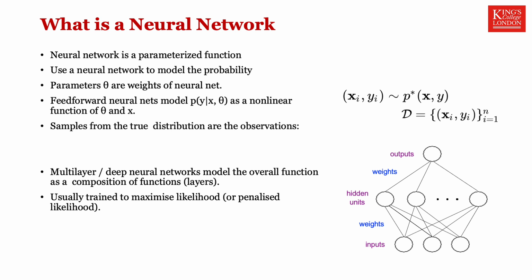What they are is just a series of parameterized functions, so functions that contain parameters which can be optimized, and these parameterized functions are used to model predictions from inputs and the optimized model parameters. So these model parameters are the weights of the neural network, and the feed-forward neural network that we are normally using contains this probability of Y, the probability of the prediction, given the input data and the model parameters, or the weights of the neural network.